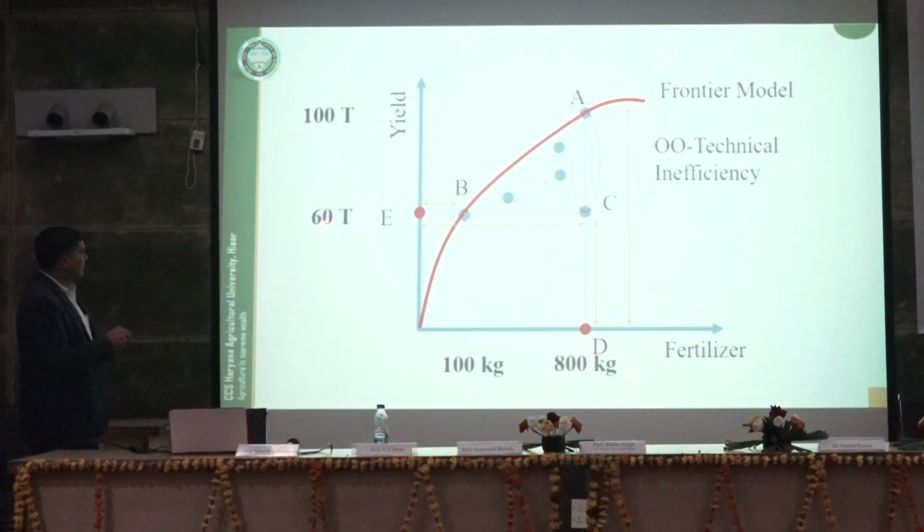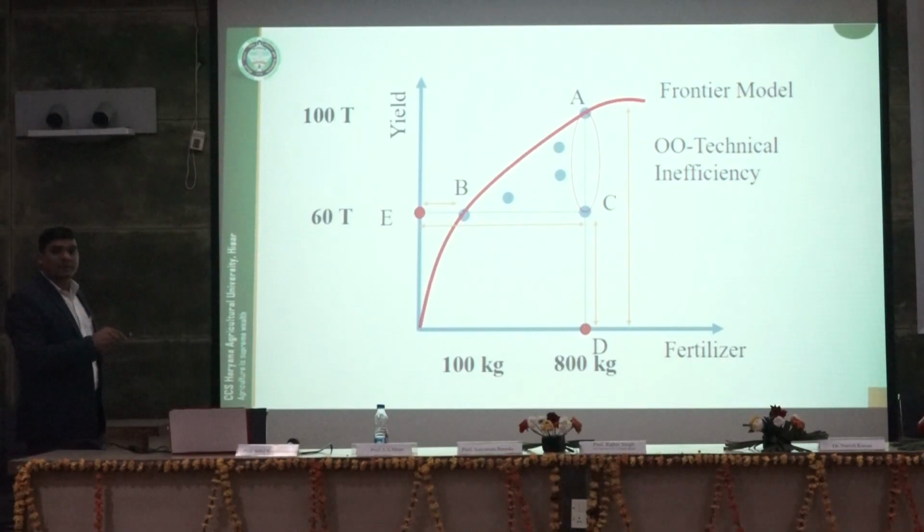So this is the production using this much of fertilizer, and this is the production at this much of fertilizer. At the same fertilizer dose, the production is 100 tons.